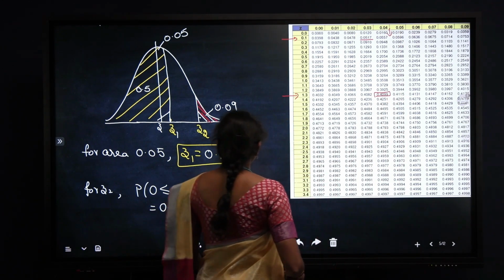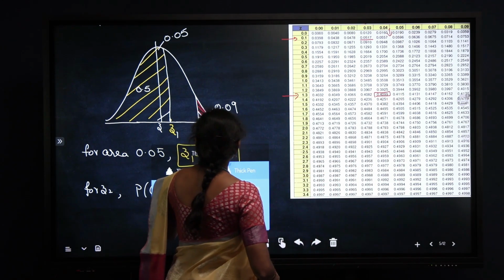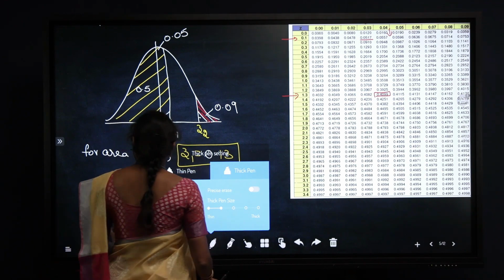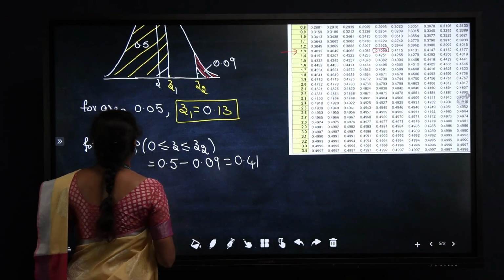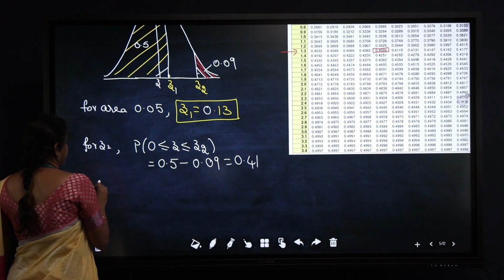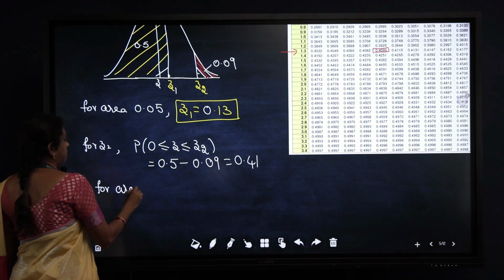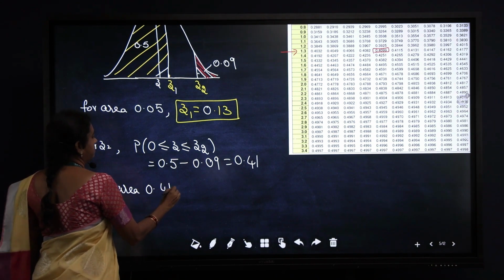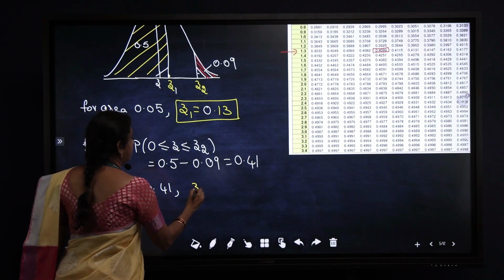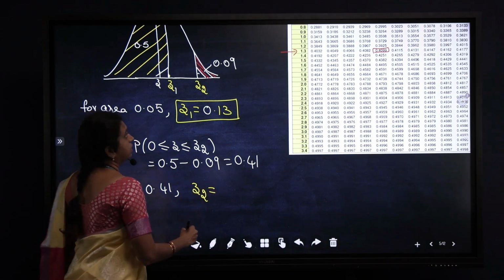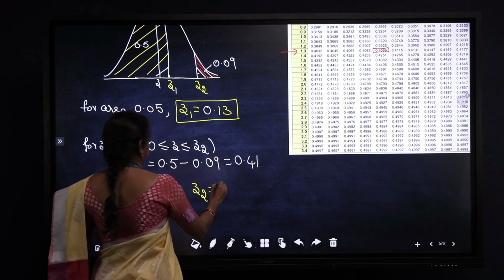So the corresponding Z value will be, for area 0.41, the corresponding Z2 value as we have seen is 1.34.